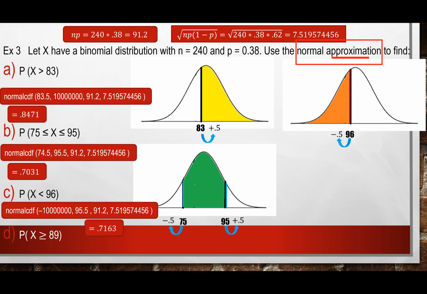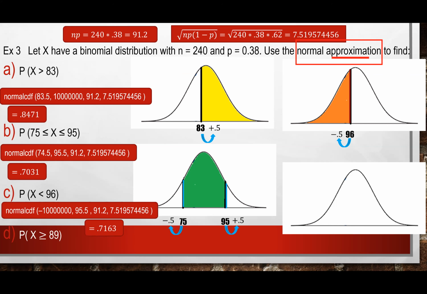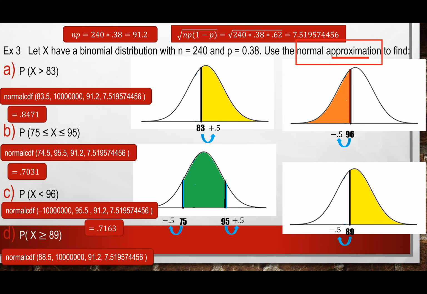And again, lastly, we have greater than or equal to 89. Greater than or equal to 89 is on this item. And because I need to include this item here, we need to subtract 0.5, and this is my new endpoint, 88.5 as my lower limit.